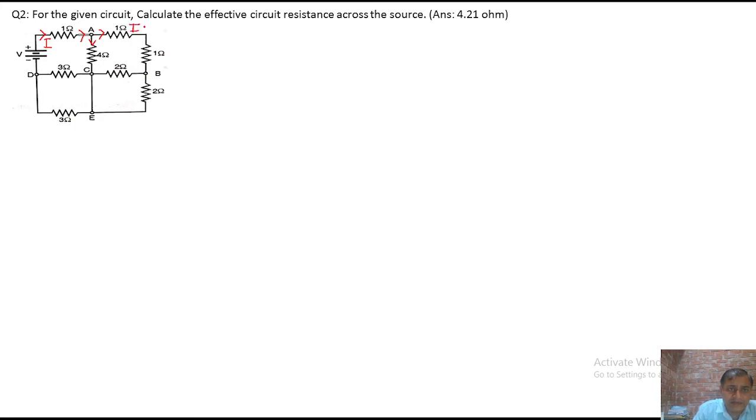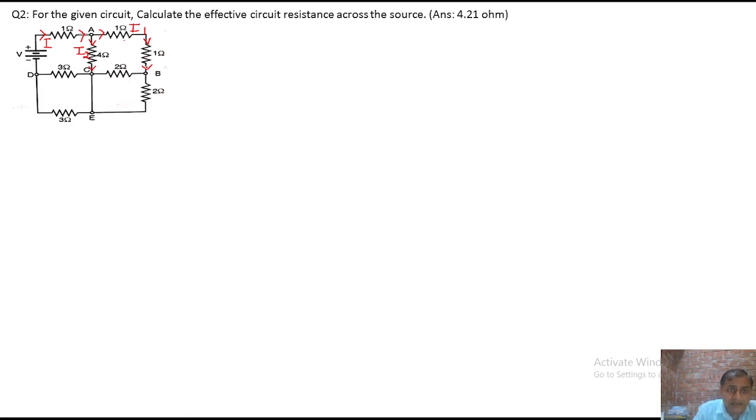Here is I1 current, here is I2 current. I1 current, 1 ohm and 1 ohm are both in series because both have the same current, and I2 current is this I2 current from this side and this I2.